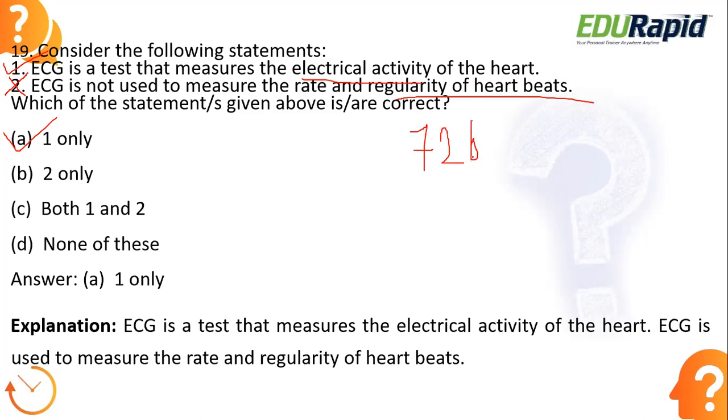That can be observed in a normal healthy adult human being, and to measure this, the ECG test is carried out. So when we look at the statement that ECG is not used, since they have mentioned not used, we can directly rule out this option.